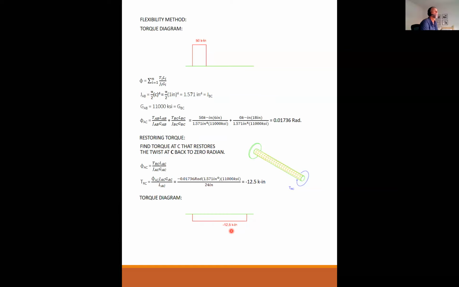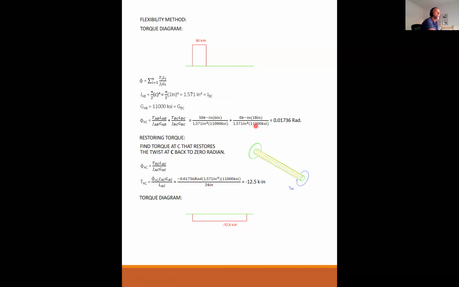That's a good question. I hadn't thought about that. So you can put in your different materials here and here. What you're saying is, what if one rod was 11,000 and the other rod is 20,000? Or one rod is 1.571, the other rod is 3, something different.